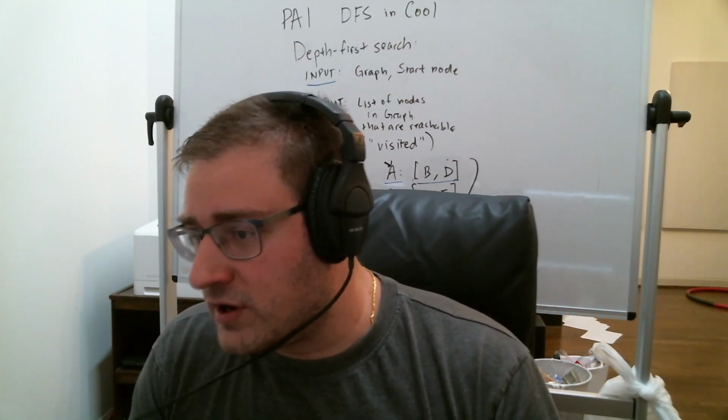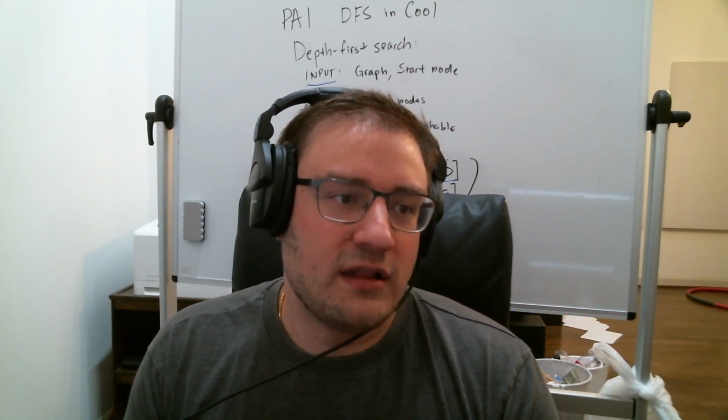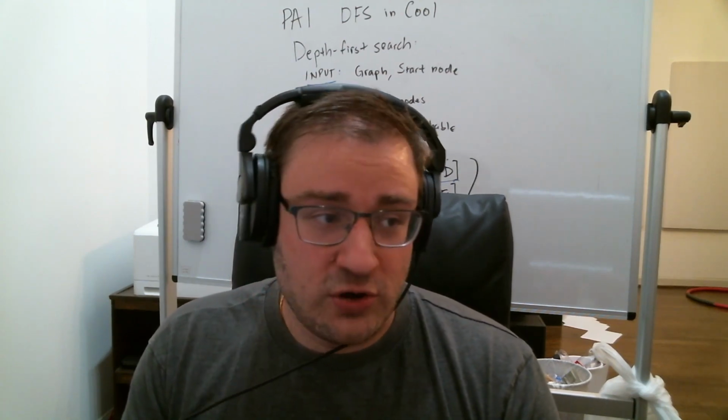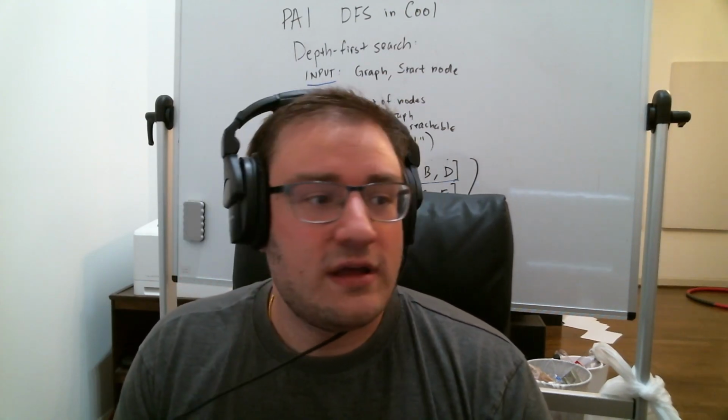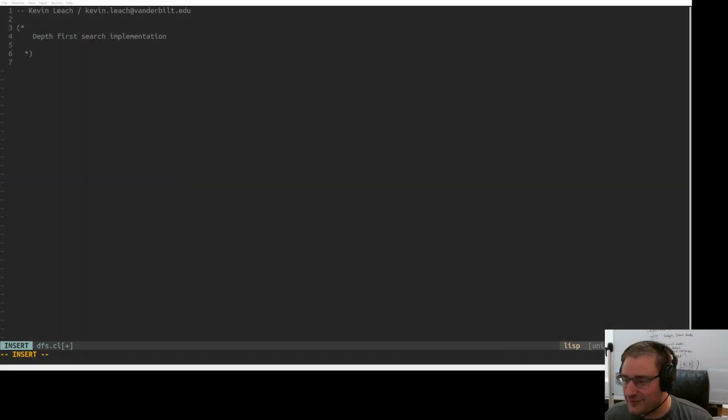The first thing that I want to do, though, is, using Cool's comment syntax, put a comment at the top with my name in it and email in it. That will be good for me. Now, what do I want to do? So, using Cool's multi-line comment syntax, I will put down a few notes here. We want to do a depth-first search implementation in Cool. I am just realizing I should switch to the correct view.